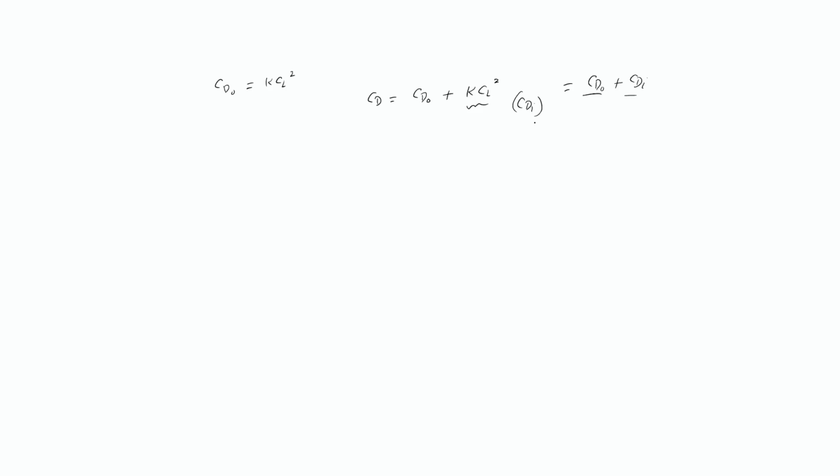So now here we have CD naught equals to k CL square. This k CL square is nothing but induced drag, that is CDi. Okay, so that means zero lift drag is exactly equal to drag due to lift.